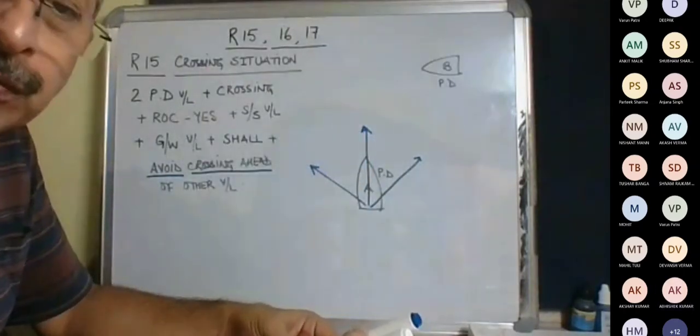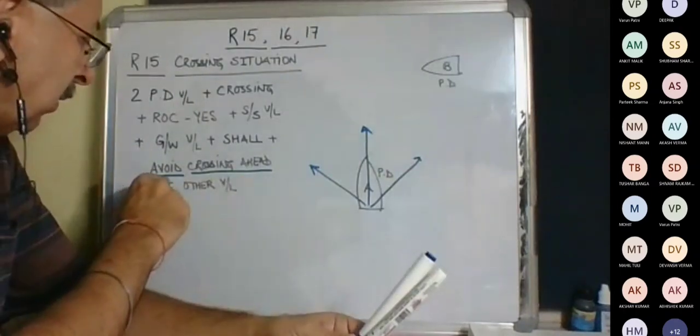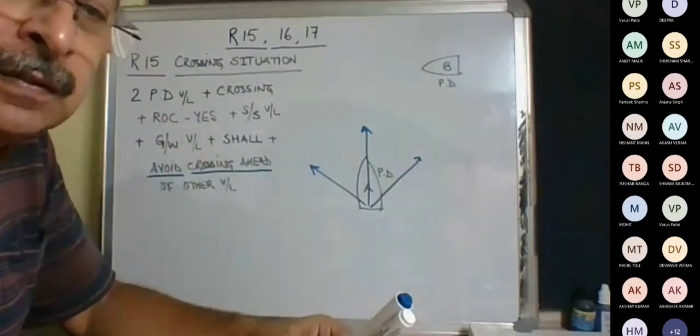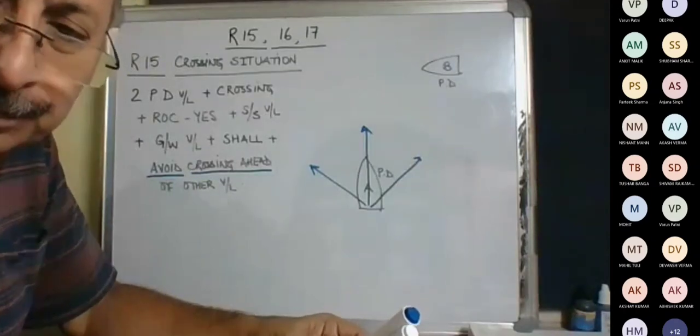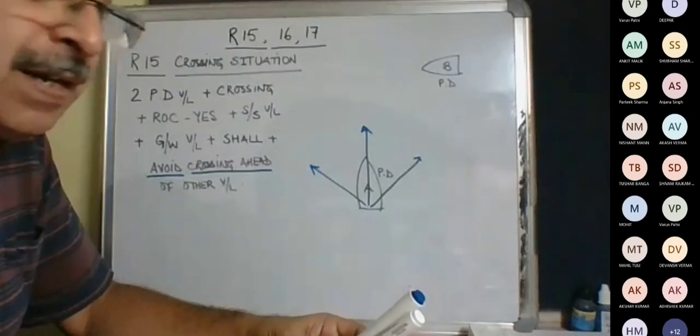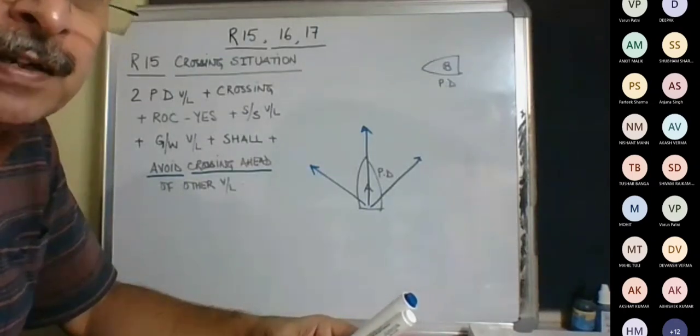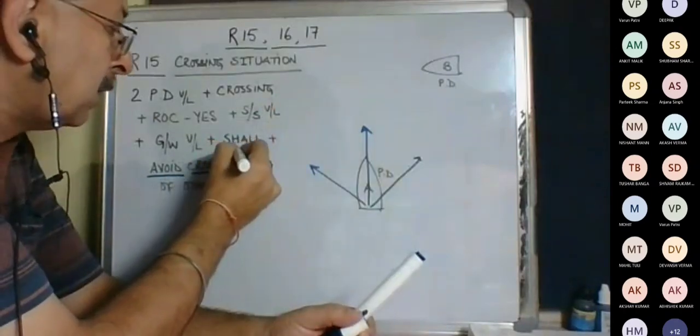That's a moot question, because that will determine what is the meaning of this word avoid. Can she? Can she not? That is the determining factor. And what is the meaning of the word shall?